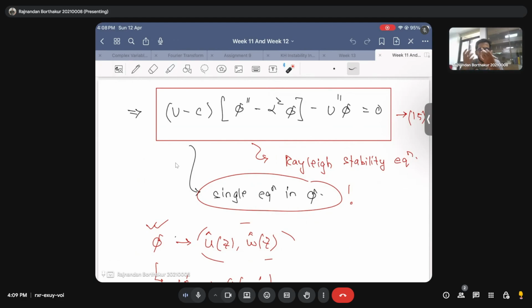For example, assuming that the perturbations, if they grow or decay, will evolve precisely exponentially.